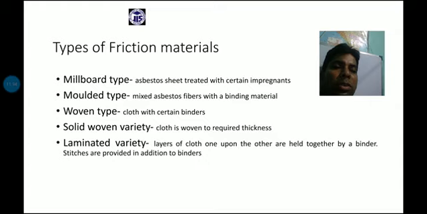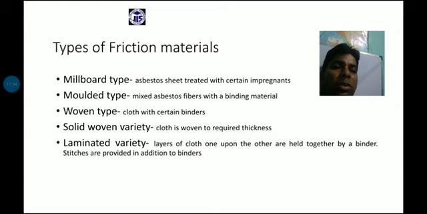Now next point is the principle of operation, how it operates properly. Number one point: the clutch works on the principle of friction.